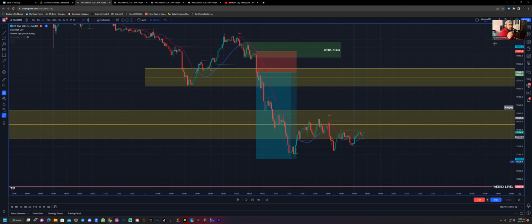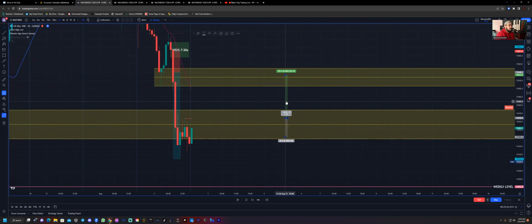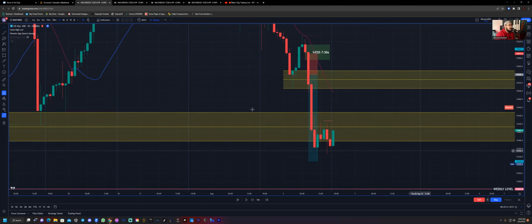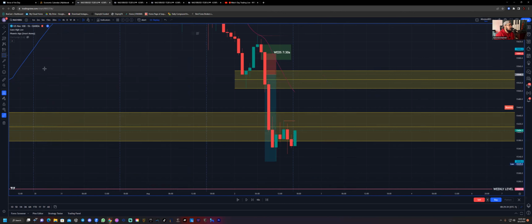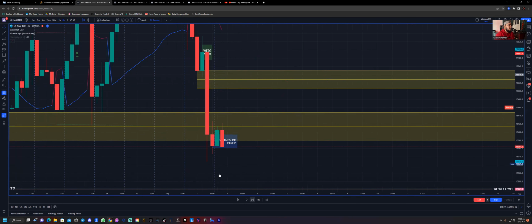All right, we're back. So now we're going to look at the hour and we're going to mark up the previous day closing hour range. Here it is right here. All right, that's the previous day closing hour range. And now we'll go to 4 hour and we'll go forward.